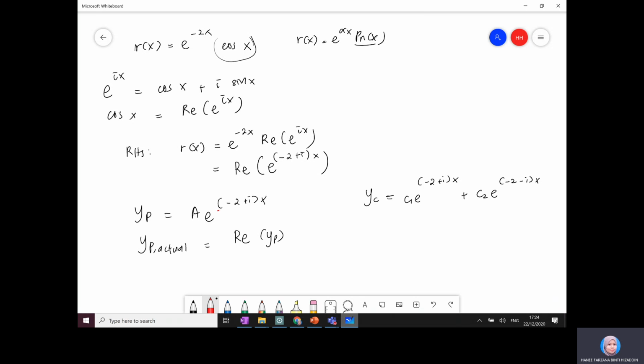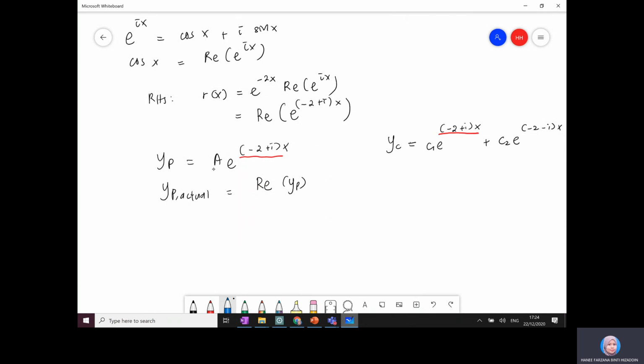So you can see that this alpha here is the same as this alpha. So these are linearly dependent, and we need to put some treatment to the yp. So we will propose a new yp, which is to put x before the e. So we propose the new yp is A times x e negative 2 plus i x.